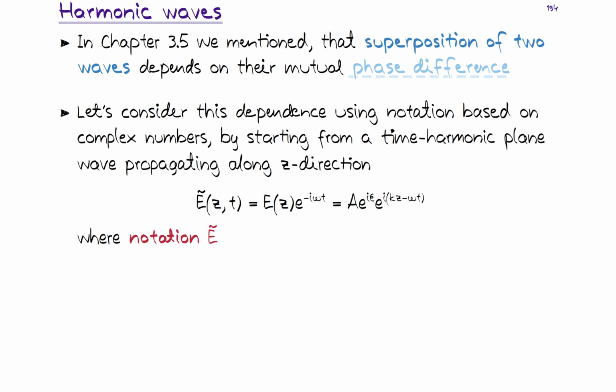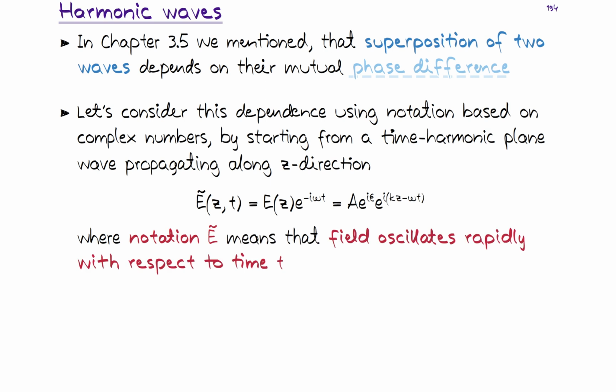So here the E tilde notation just means that this field oscillates rapidly with respect to time, and the E_z is essentially this plane wave contribution. So we have A and the initial phase, exponent i epsilon here, and then I have my plane wave contribution.